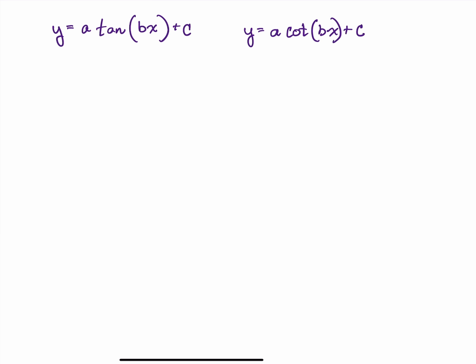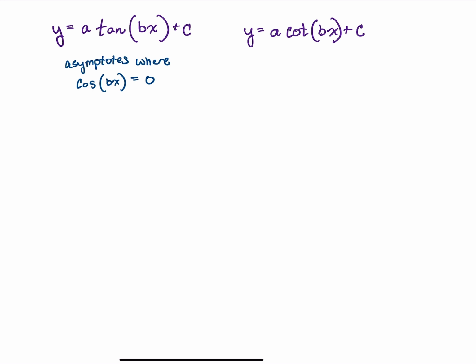So for the tangent, it will have asymptotes where the cosine is equal to 0, since tangent is sine over cosine. And I'm putting the same input here because if the period has been changed, then that will change where the cosine is equal to 0.